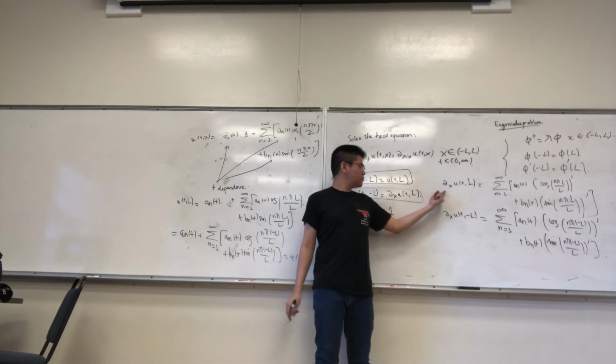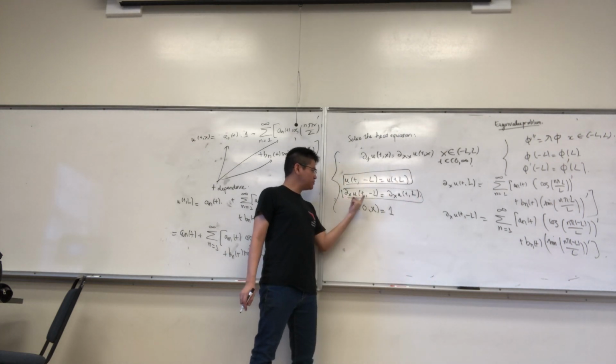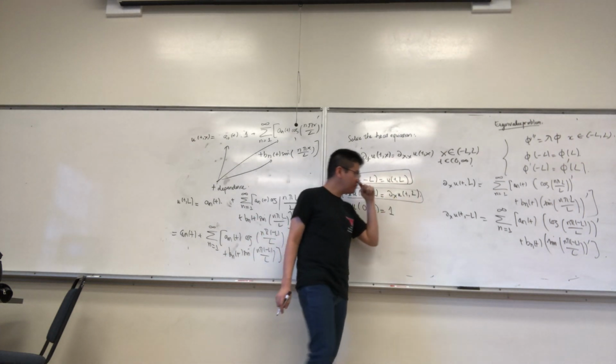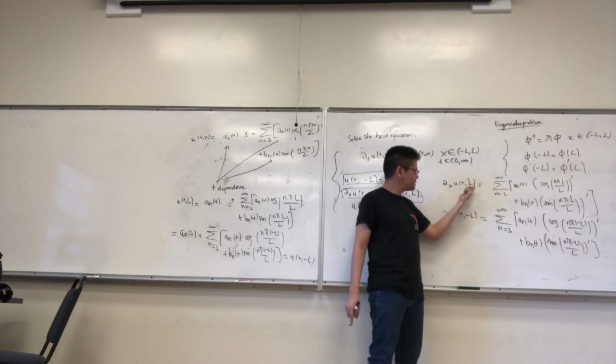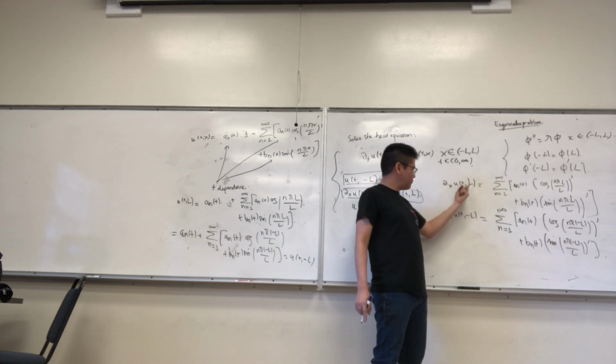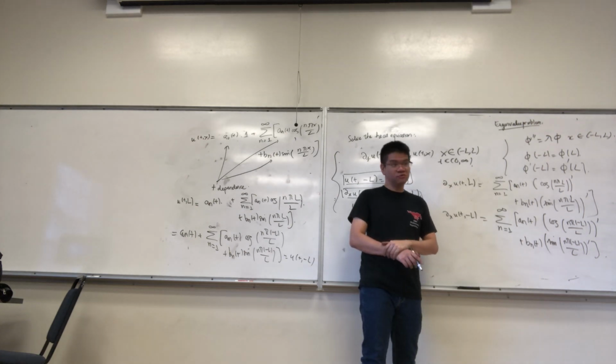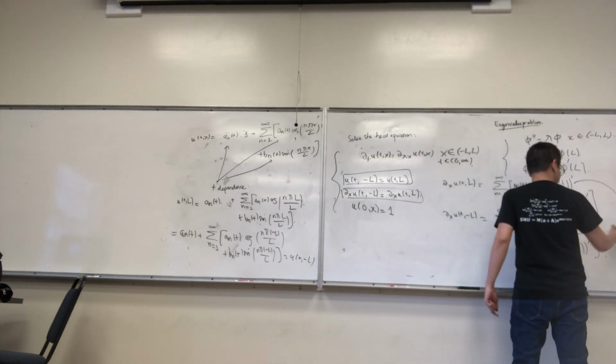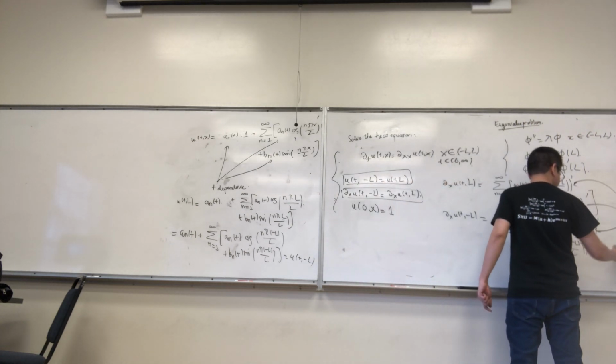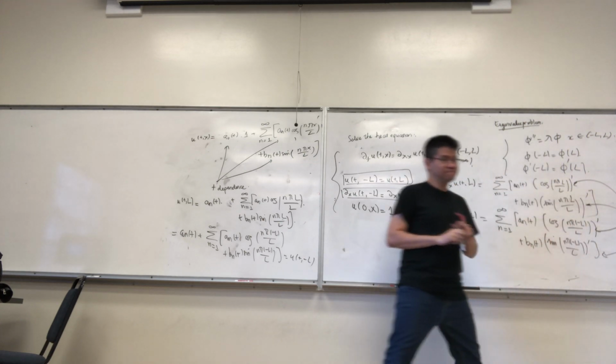So I want to check that the x-derivative of u at minus L is equal to the x-derivative of u at L. So I just have to replace L by minus L in the derivative. And they're equal because this guy is equal to this guy, and this guy is equal to this guy, because they appear as a pair.